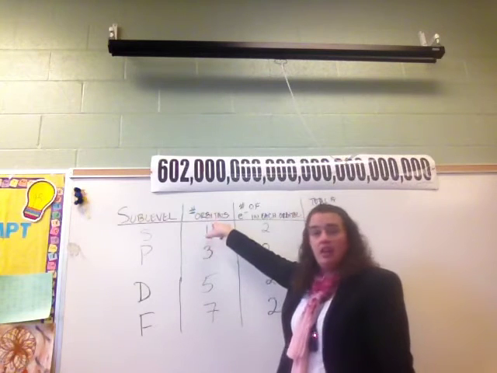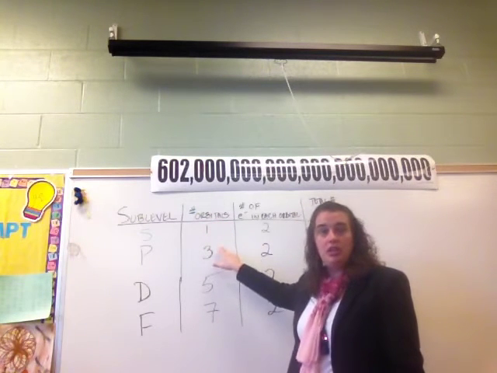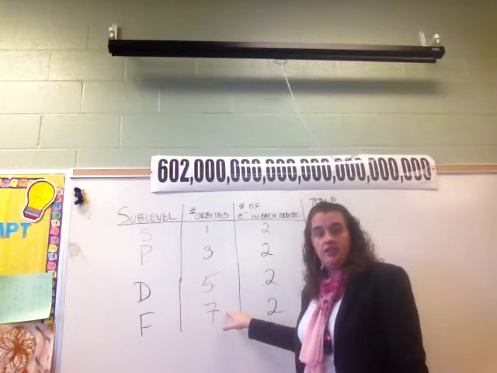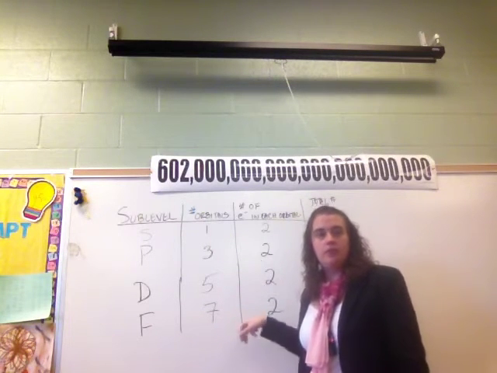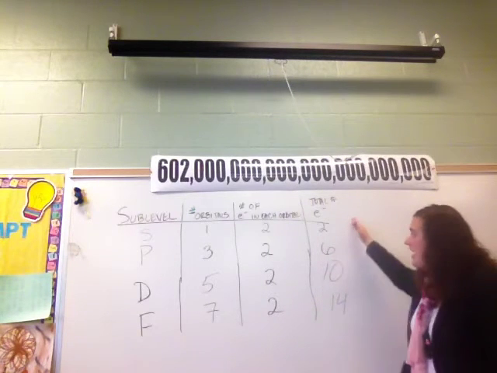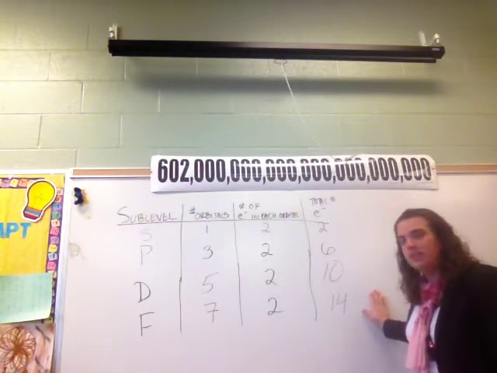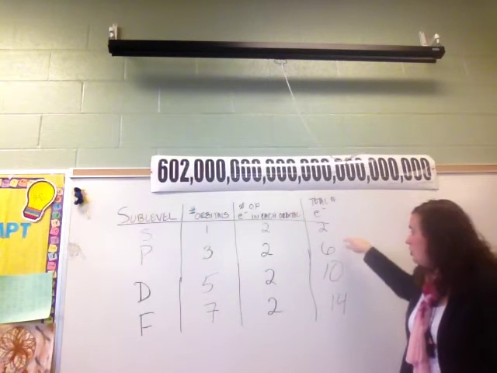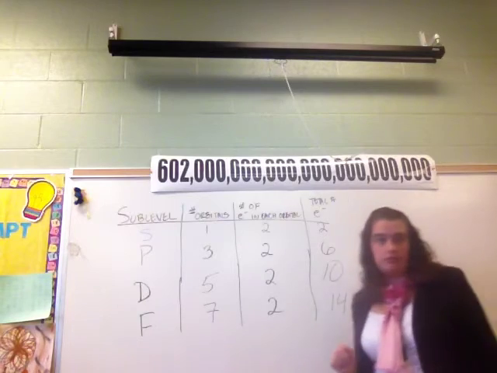My s orbital, I can only have 1. P 3, D 5, F 7: 1, 3, 5, 7. Number of electrons in each orbital, 2. How did I get the total number of electrons? I just took the number of orbitals times the number of electrons. So 2, 6, 10, 14.